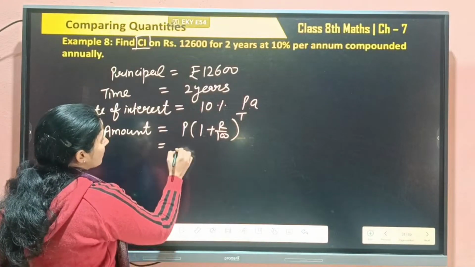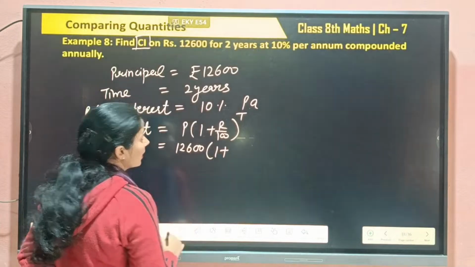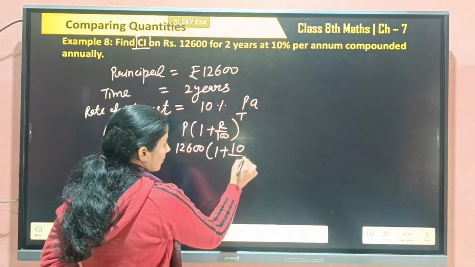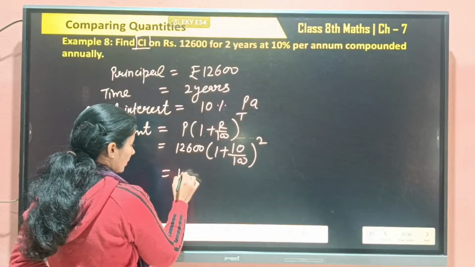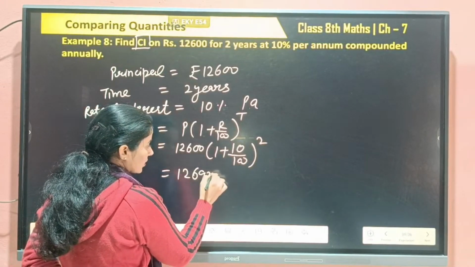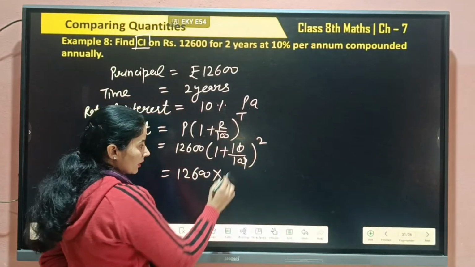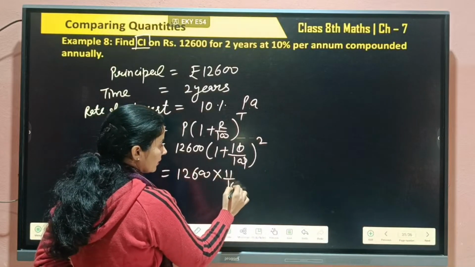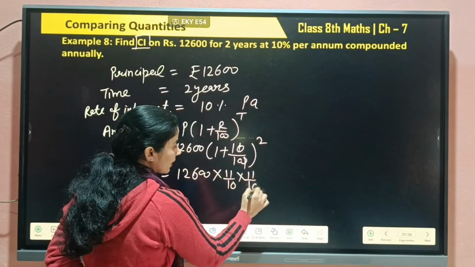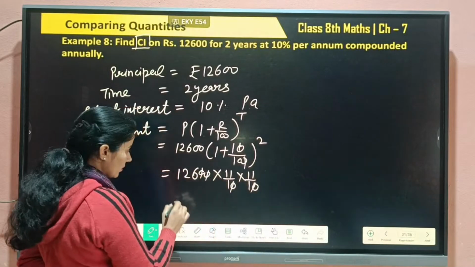Principal is 12,600. 1 plus rate is 10 by 100 and power is 2. So 12,600 as it is, and 10 by 100 is 1 by 10, 1 plus 1 by 10, 11 by 10, into 11 by 10.